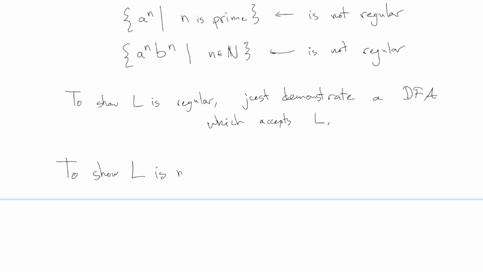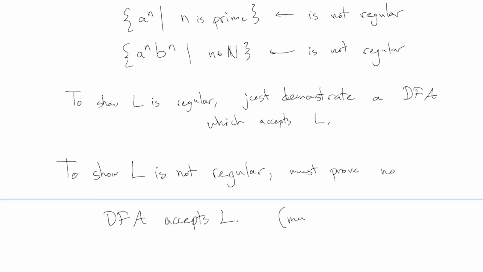To show that L is not regular, you have to do the opposite, which means you have to somehow prove that no possible DFA can accept L. And that's much harder because you have to consider all possible DFAs and demonstrate that none of them could ever generate this language L. So to show L is not regular, you must prove that no DFA accepts L. That is a lot harder to do.